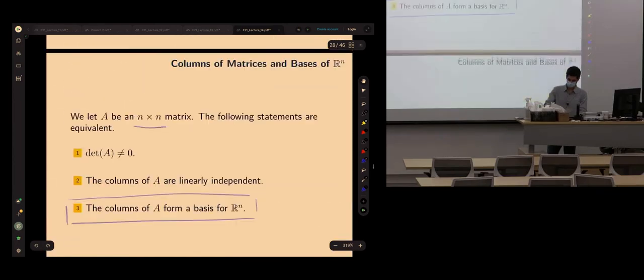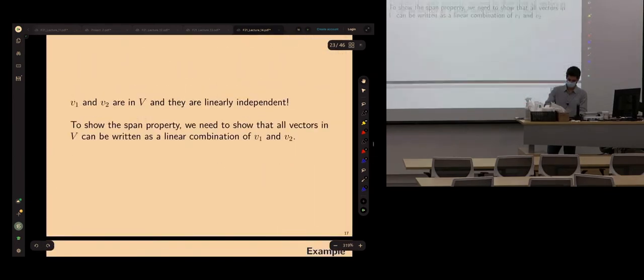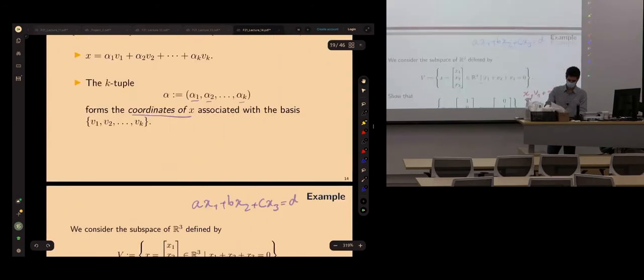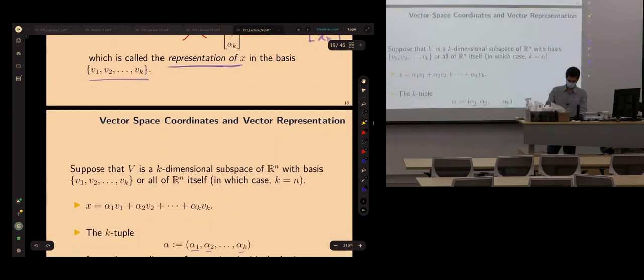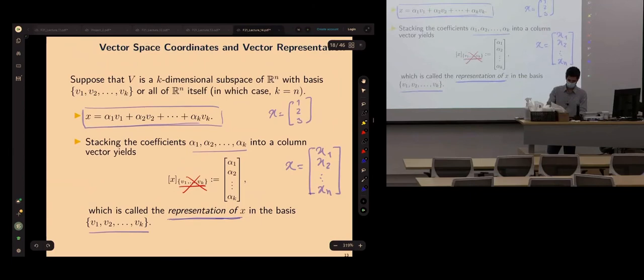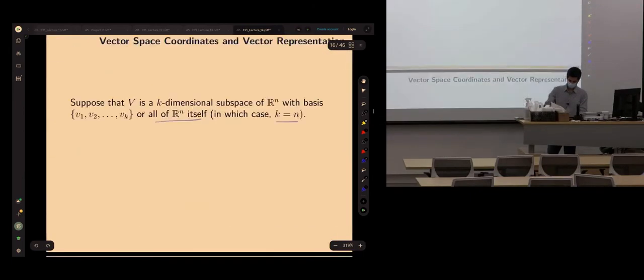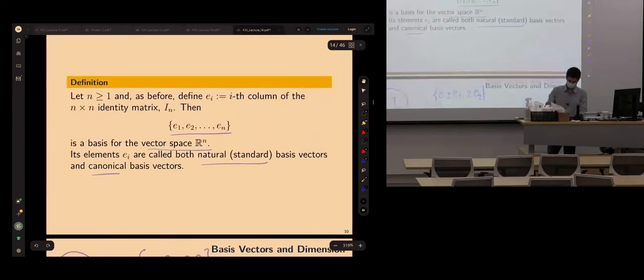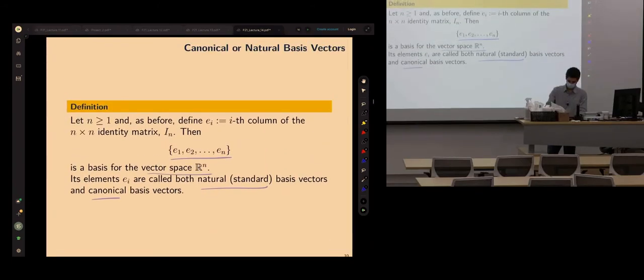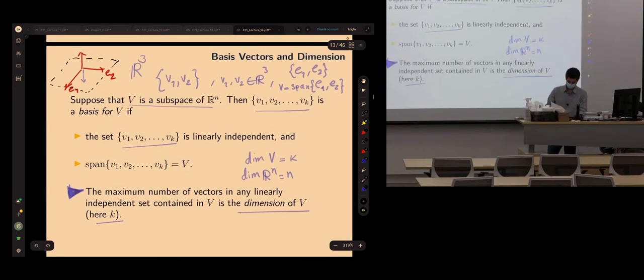We go back to your question, how do we know that's for R5? I think we talked about it somewhere. So are you saying K has to equal N? Yeah, that's exactly it.